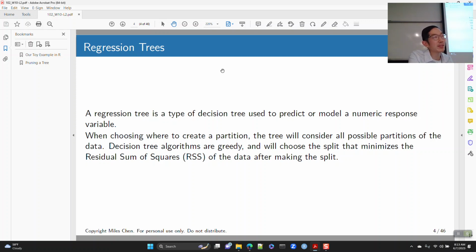Greedy is the term we use, but perhaps a better phrase would be immediate gratification. So it's not able to plan ahead. It just says, in this moment, what is the thing that's going to make me feel the best right now, and it's going to do that split.